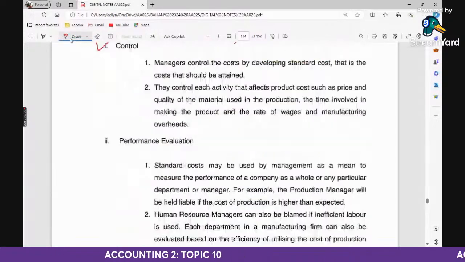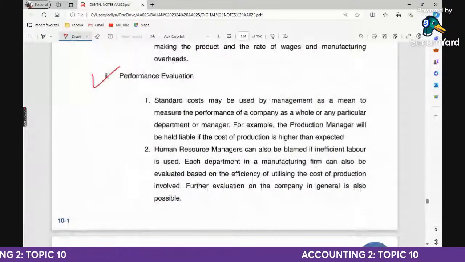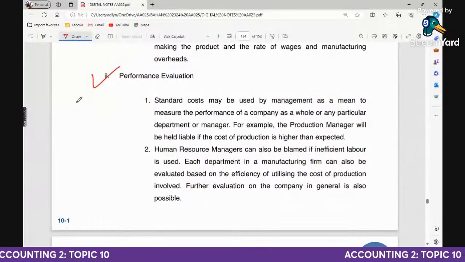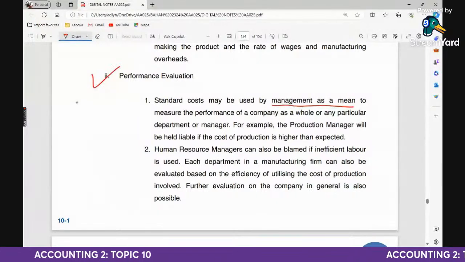Yang kedua, tujuan dia sebenarnya ialah untuk performance evaluation. So you want to evaluate your performance for the production, you are going to use these variances. Standard cost may be used by the management sebagai medium atau mean to measure the performance of a company as a whole.